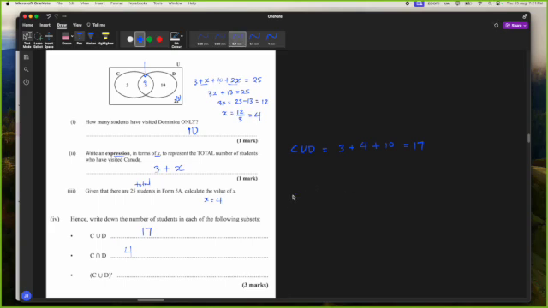And remember, (C union D) complement means that if I have C and D, this is C union D, I want everything outside of C union D, right? So what is outside of C union D? Just that, 2x, which is 2 times 4, which is 8.